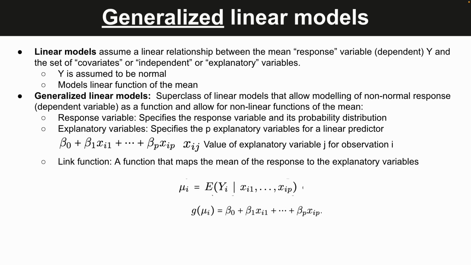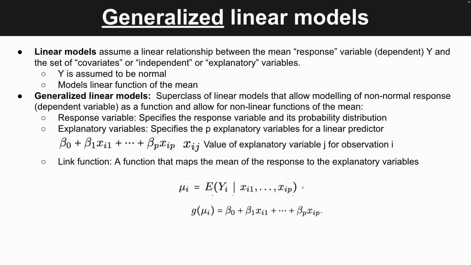So there's a clear distinction here. Before, I was saying that the mean of my linear model is linear with respect to its parameters. Now I'm saying that no, I can also do this. I can apply any function g. That g is the link function. I can apply any link function and model the mean, and that brings the innovation that we're going to see in just a bit.